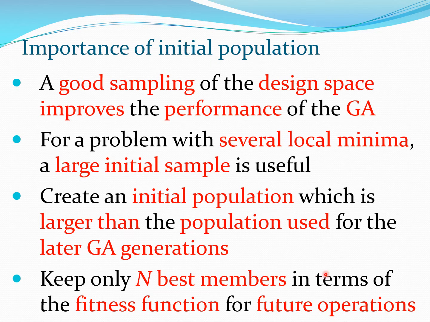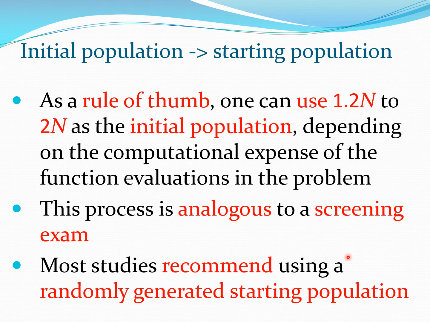So in that case, what you do is that you keep the capital N best members in terms of the fitness function for whatever you are going to do in the future, which are some of the reproduction functions. So as a rule of thumb, you could use 1.2n to 2n as the initial population, depending on the computational expense of the function calculations in the problem.